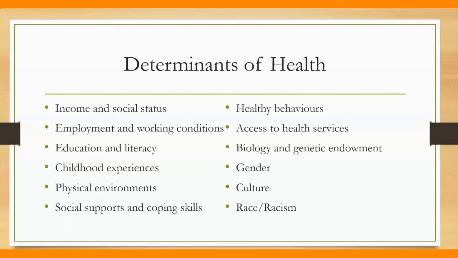We also have healthy habits or behaviors and access to health services. Do people have them? Think of those individuals living in rural areas. Do they have access to the hospital? Do they have access to clinics? Do they have access to doctors? Then biological and genetic factors, gender, culture, race, and racism.